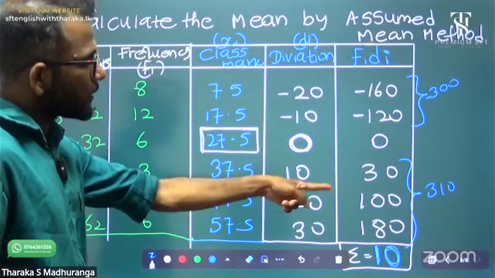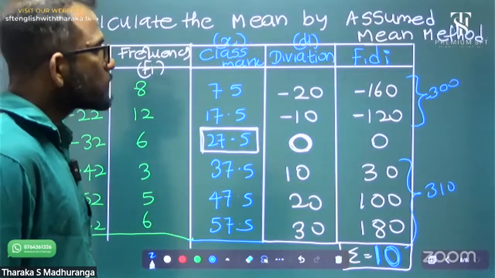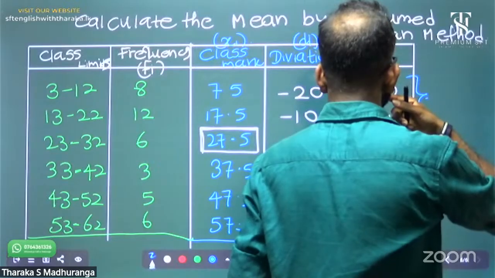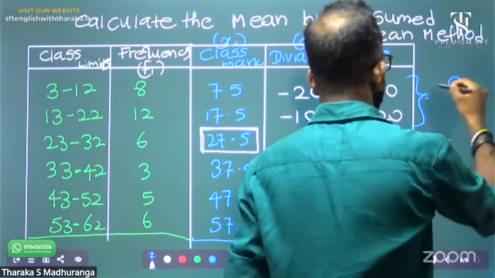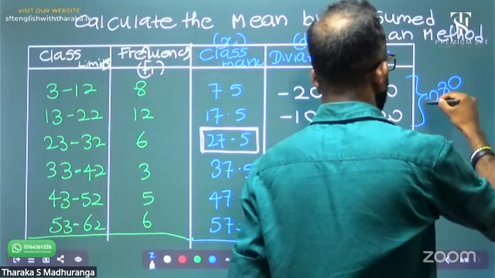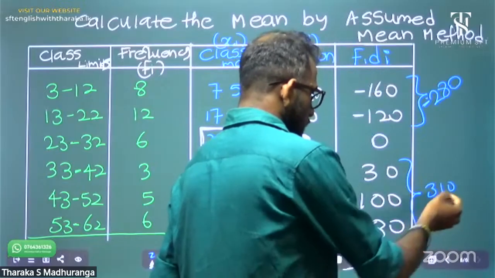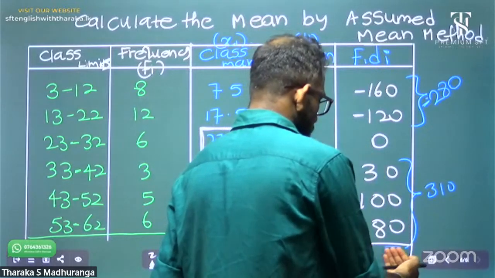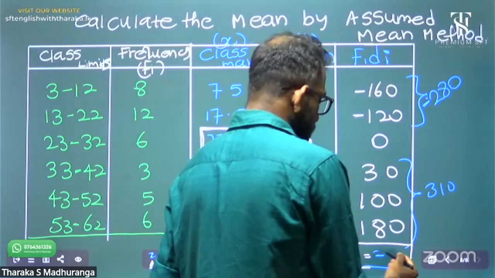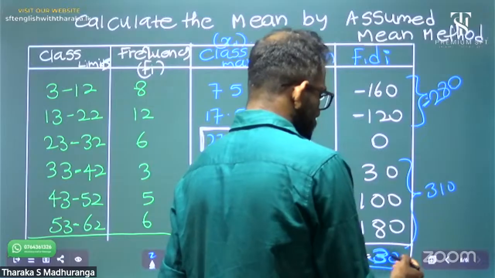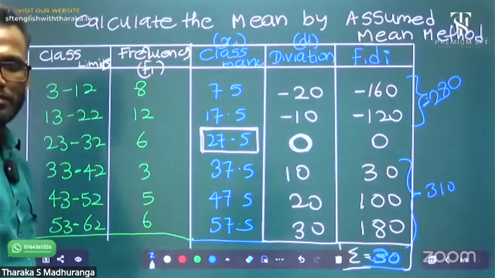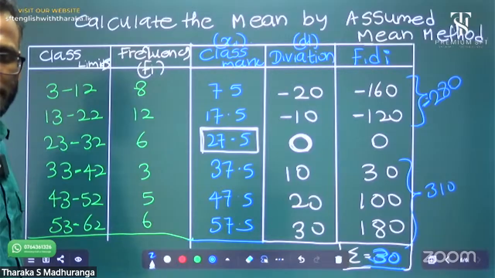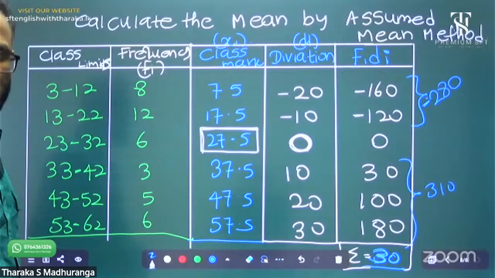Yes, correct. 310 minus 300, it is plus 10. A complete table.